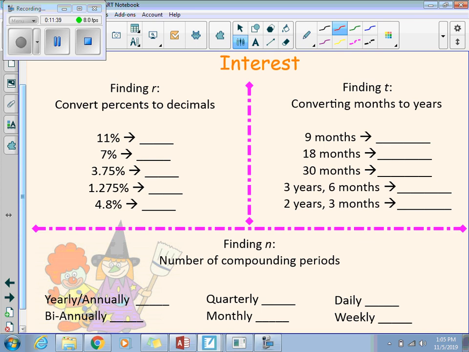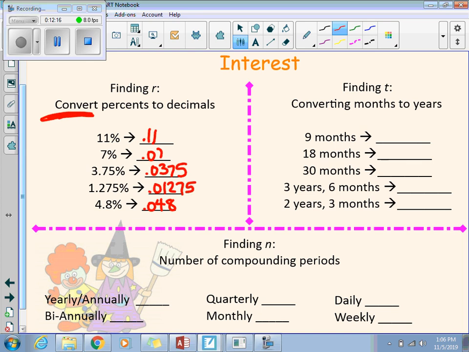So 11% would really be 0.11, 7% is 0.07, 3.75% is 0.0375, 1.275% is 0.01275, and 4.8% is 0.048 as a decimal. Okay. I really see this a lot. We always forget to convert, so please remember to convert your percentages to decimals.